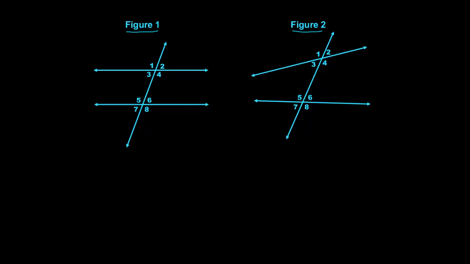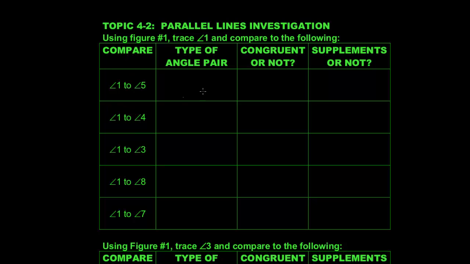Now, a lot of this that we're going to work with, let's go ahead and pull up our topic 4.2, parallel lines investigations. It says use figure 1, and it says to trace angle 1 and compare to the following. So let's look at 1 and 5.